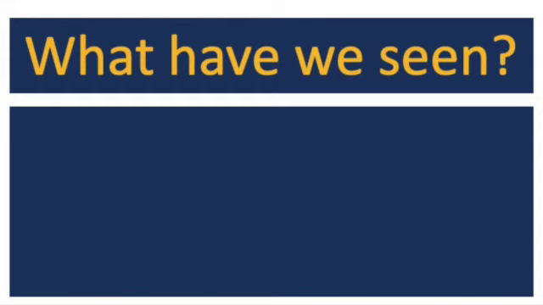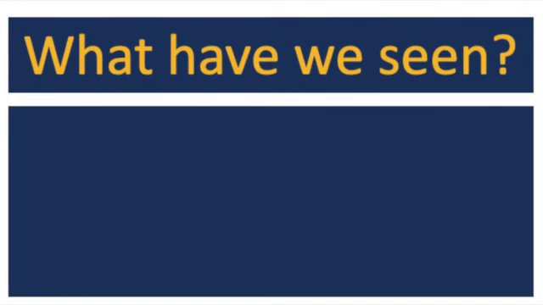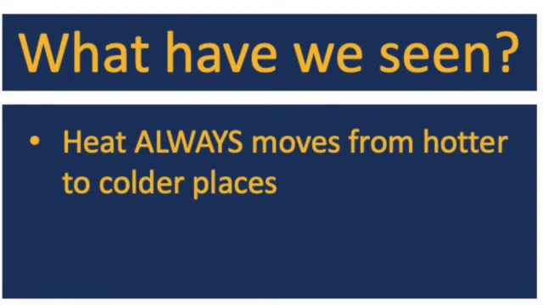Obviously, these thermal imaging videos are only brief observations of some fairly rudimentary experiments we have set up in a bath of cold water, but they have usefully demonstrated the key principles of what happens to the warm air in a house when the outside of that house is being continually cooled, as it will be in the winter. So, what have we seen? Firstly, we've seen that heat always travels from hotter to colder places.